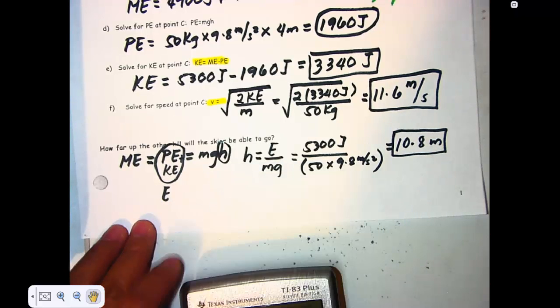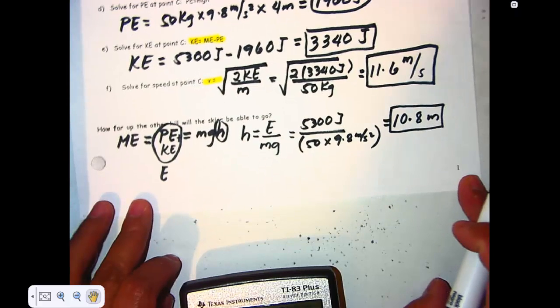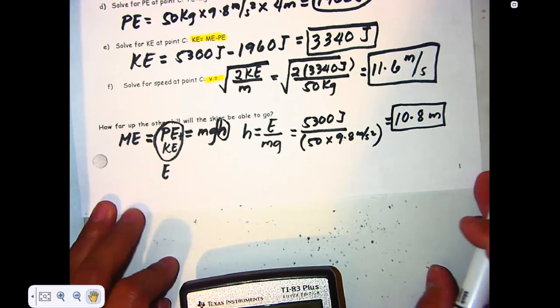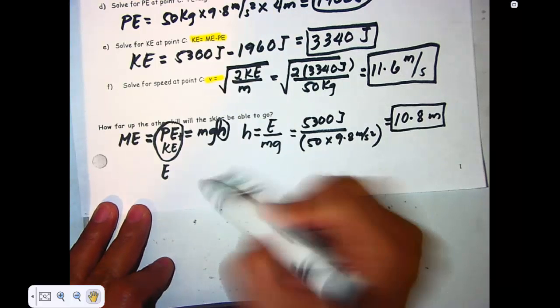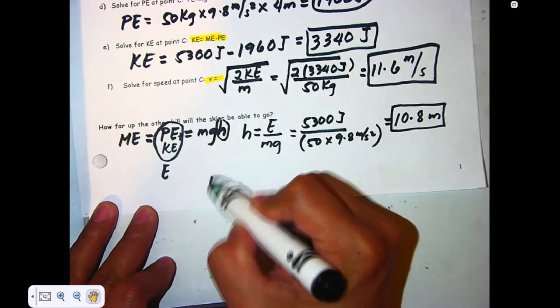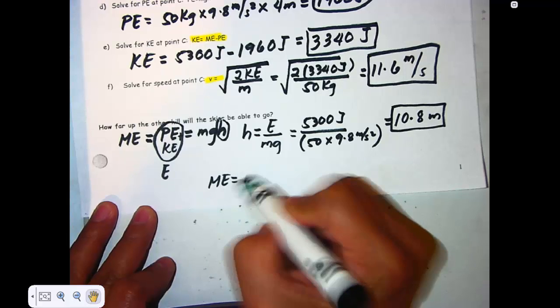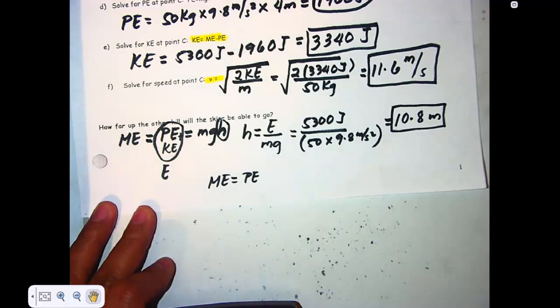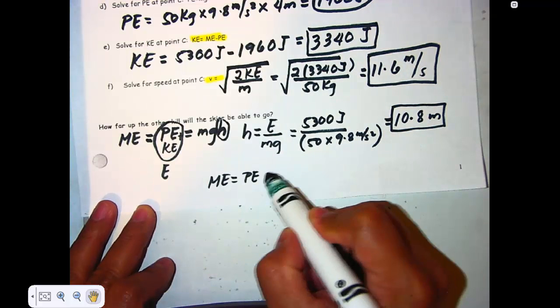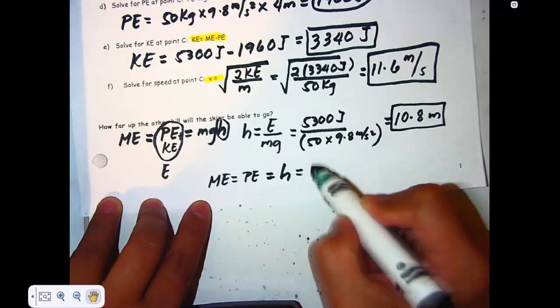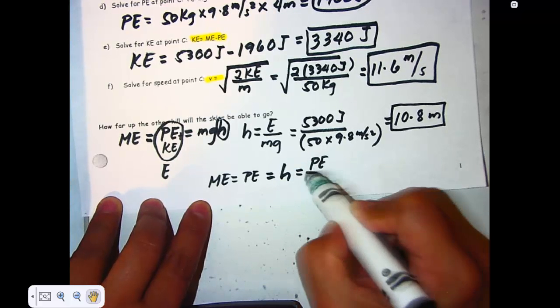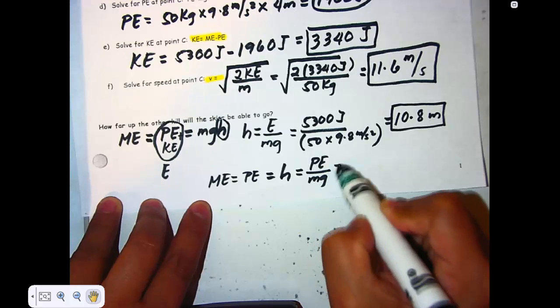Now, look carefully at the second step that I will show you. What if the object is not moving? If the object is not moving, in this case, your mechanical energy will only be equal to potential energy because the KE will be 0. So at this point, your H can be solved by dividing the PE with mg.